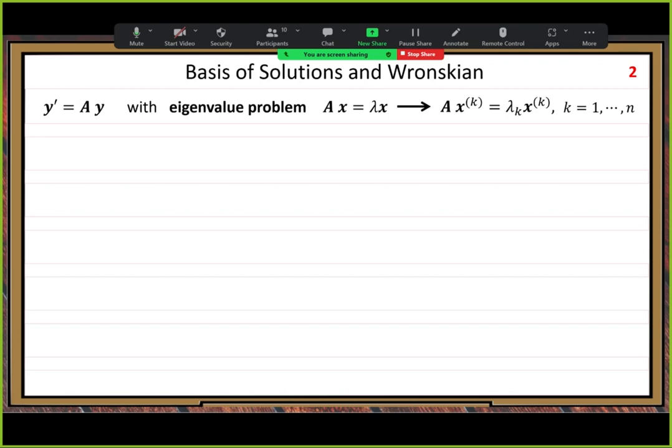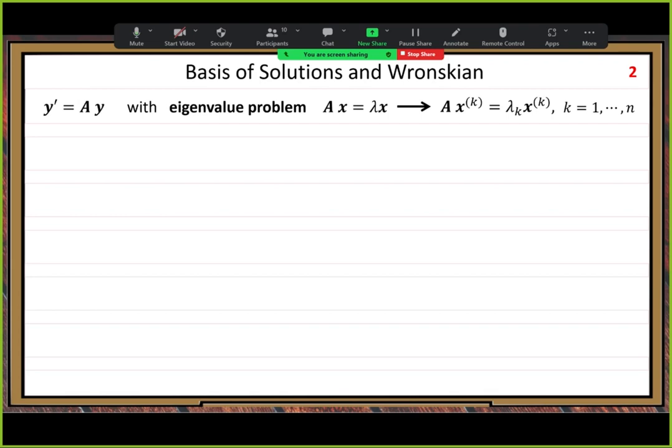So here we get the solutions, which have two parts. One part is the eigenvalue part, lambda. There are k lambda values. They could be different, could be the same, not necessarily different lambda values.